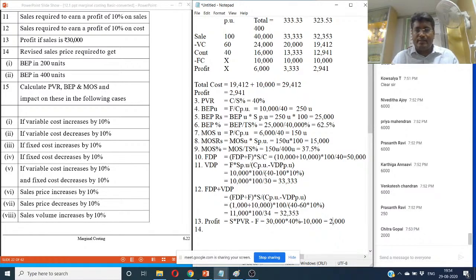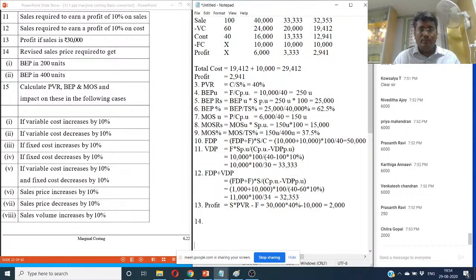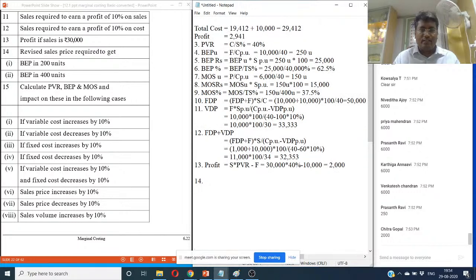Now you have to answer me what is the revised sale price per unit. What is the formula for BEP? BEP in units is equivalent to fixed cost divided by contribution per unit. Am I right?